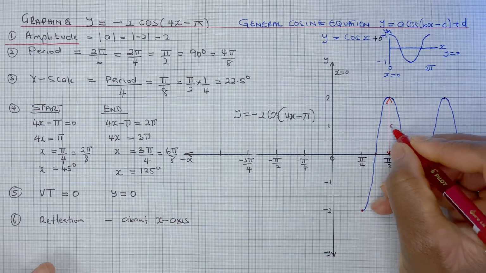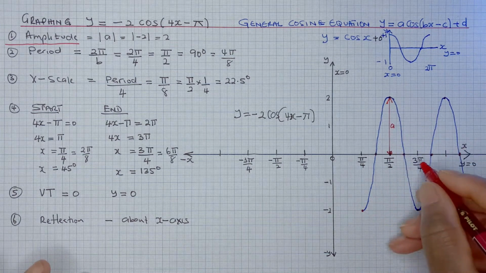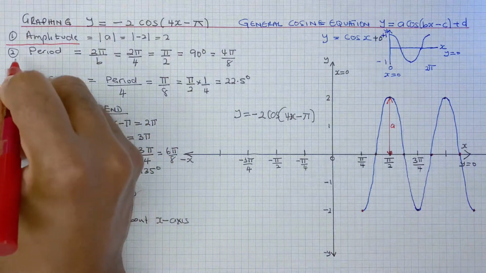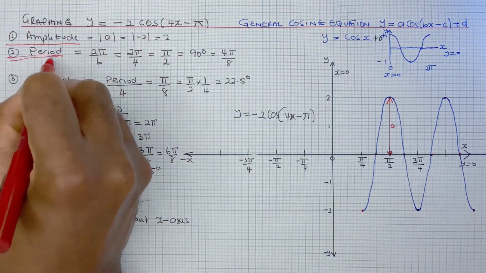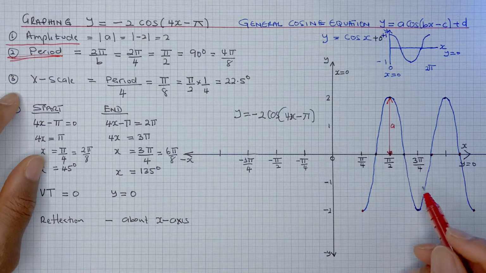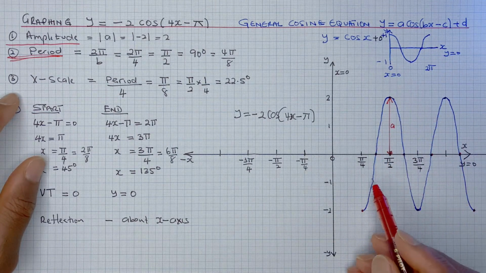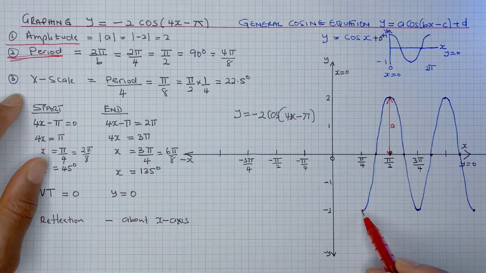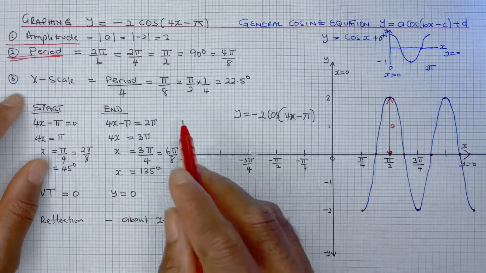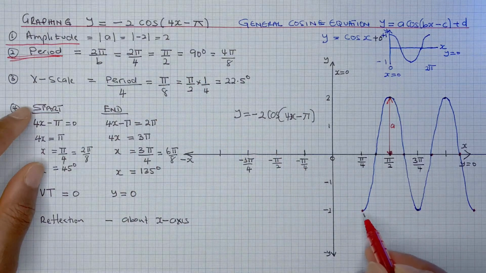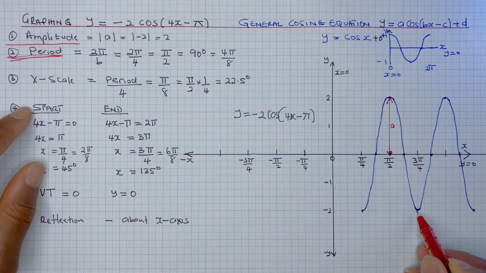That distance here is A, and it's the same thing here. The period: the parent period is 0 to 2 pi, and the period of this one is 90 degrees, pi over 2. So from there to there is 90 degrees.